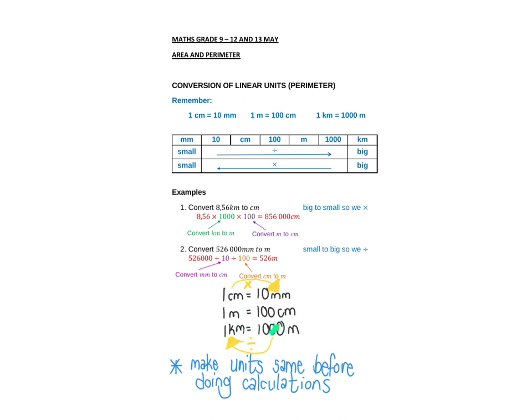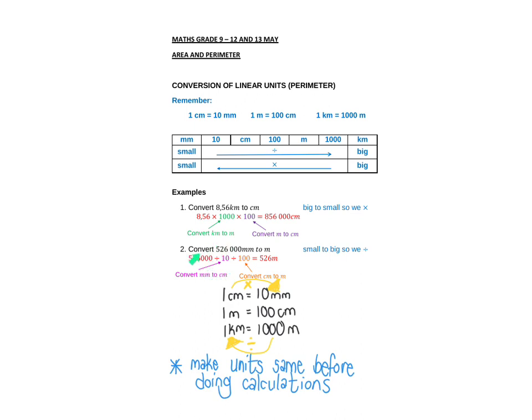So we times by 1,000, but then we don't stop there because we don't want meters, we want centimeters, so we have to times by 100 again, and that's exactly what they did. Kilometers to meters is times 1,000, and meters to centimeters is times 100, giving you all in all, if you move the comma 3 spaces, it's 8,560, and 2 more zeros added onto that gives you 856,000 centimeters.